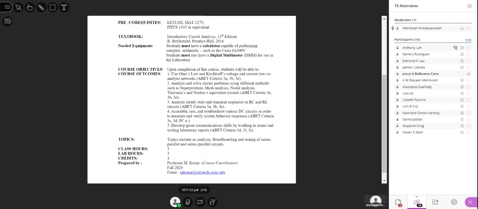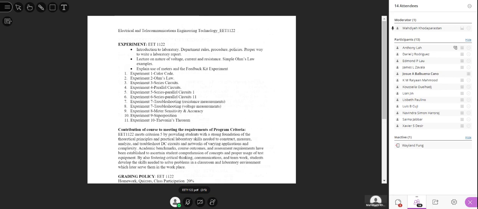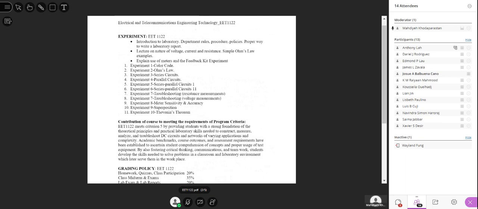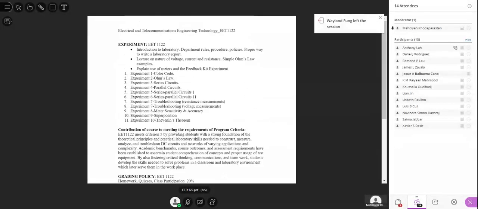For the lab part, whatever we learn in the theory, we are going to do some experiments to get more understanding of what we learned. In the experiment part, you need to run an experiment and write a report for it.